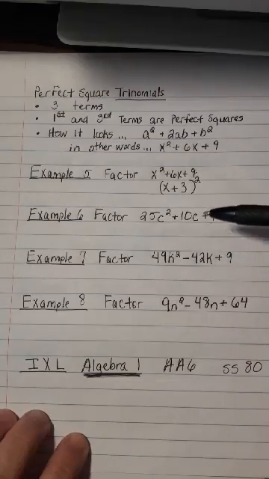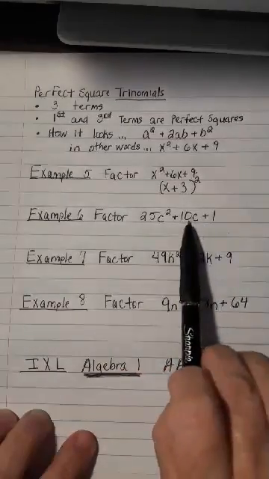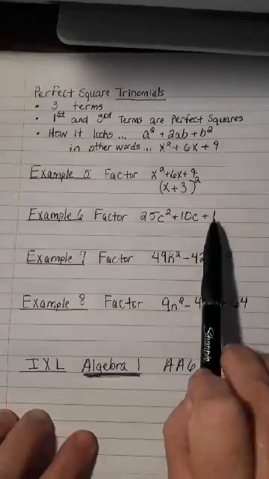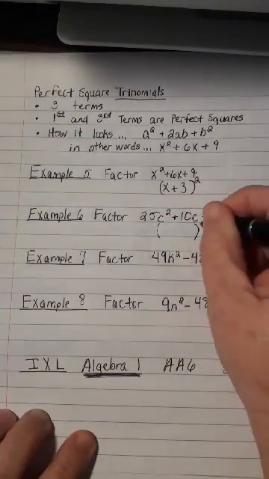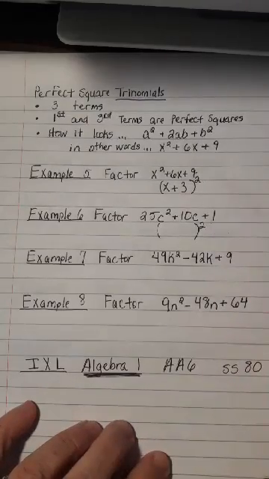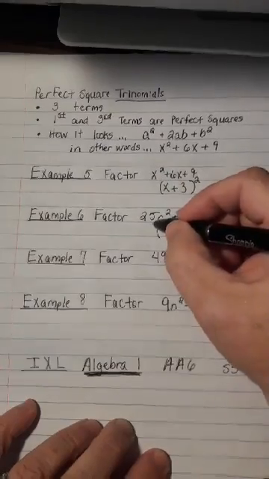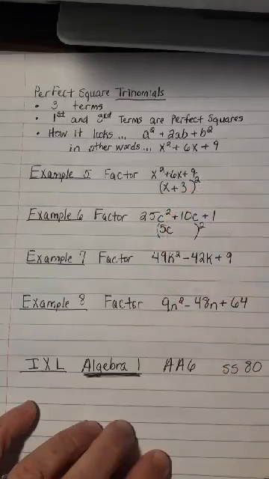All right, so let's look at example 6. Example 6, you see there's 3 terms. The first term is a perfect square. The last term is a perfect square, which tells me that most likely I'm going to be able to put it into a single parentheses to the second power. That's called a binomial square. And you take the square root of the first term. Square root of 25c to the second is 5c.